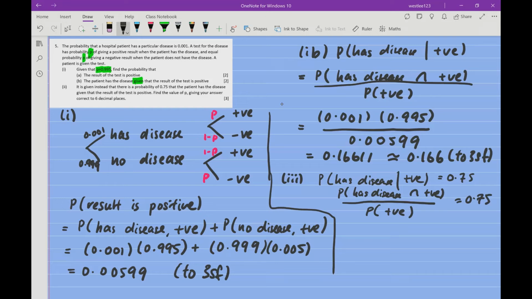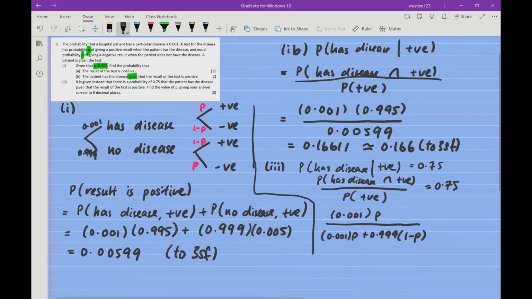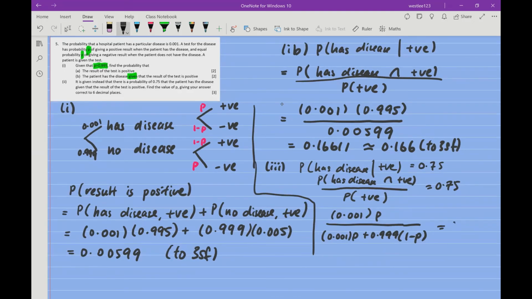So if you write this in terms of p, according to the tree diagram, it is 0.001 times p over 0.001 times p plus 0.999 times 1 minus p. You want this to be equals to 0.75.